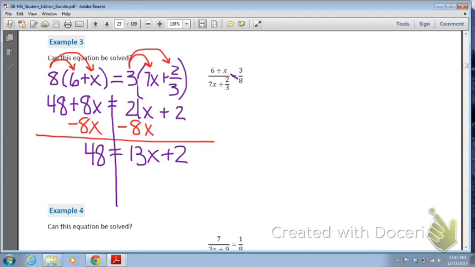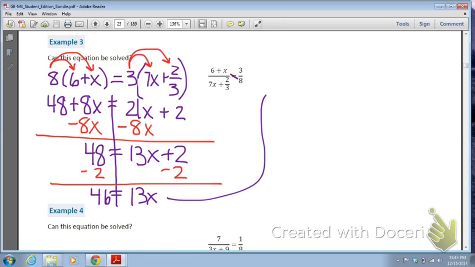All right, so I want to move the 2 over to the other side by subtracting it. And I get 48 minus 2, which is 46, is equal to 13x. So I'm going to continue up here. So 46 equals 13x.